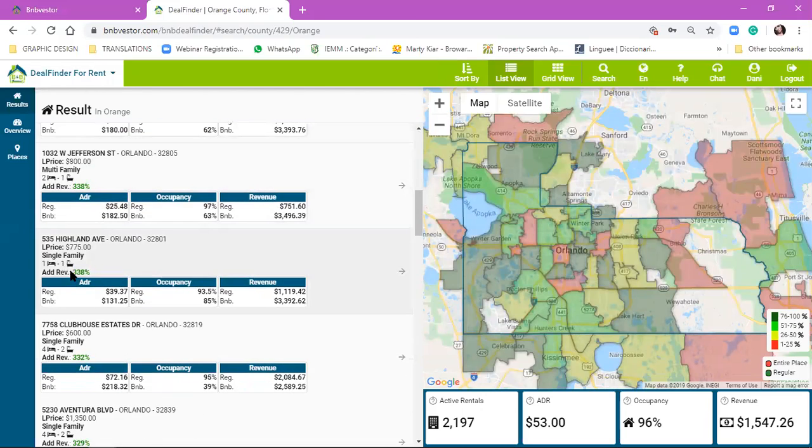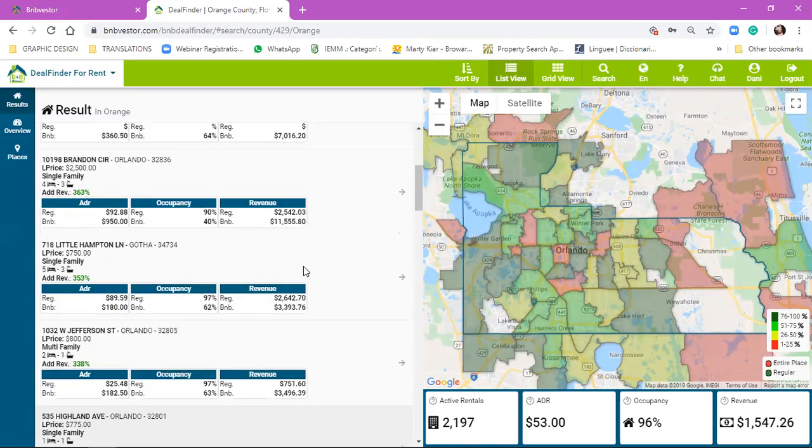Okay, we can see our additional revenue and a short overview of each of the properties.